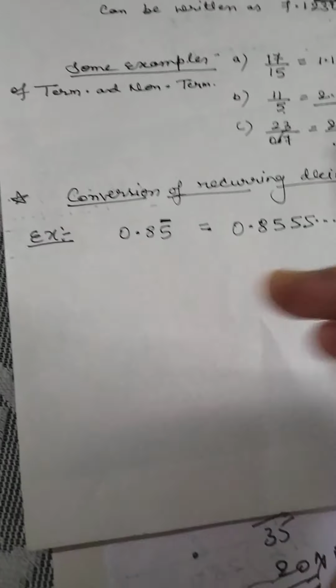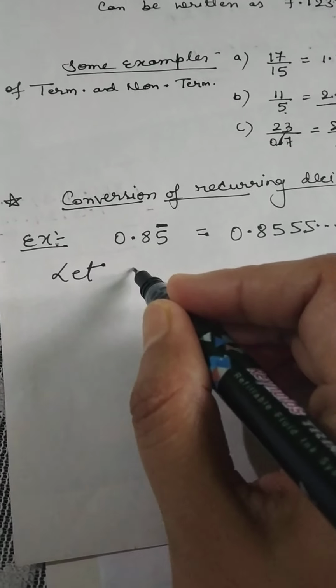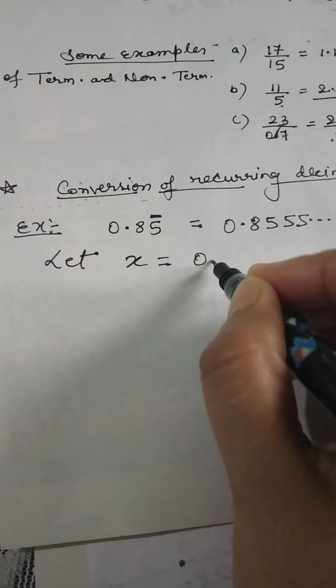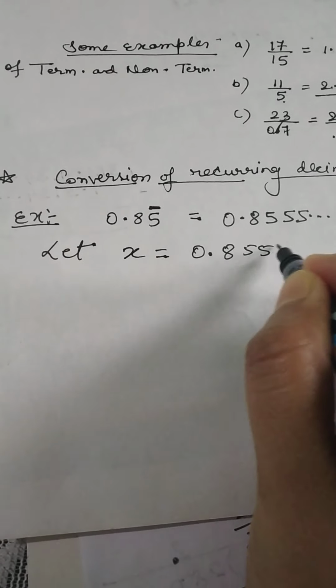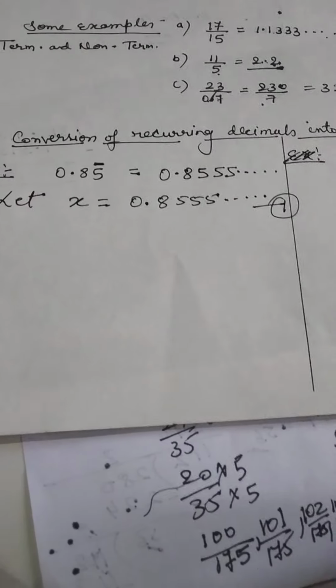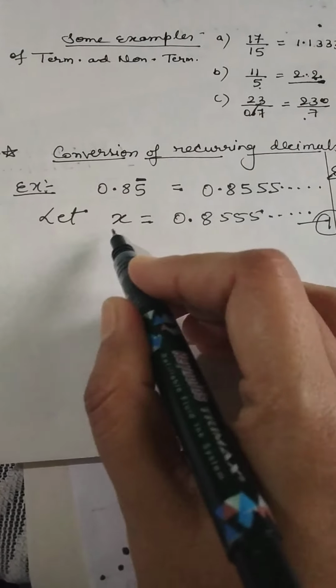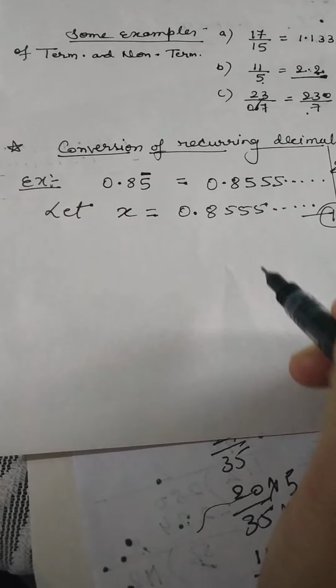Okay, first step, first of all you have to let x is equal to 0.8555 dot dot dot. Just mark it as equation 1.